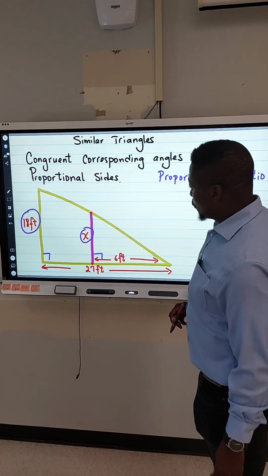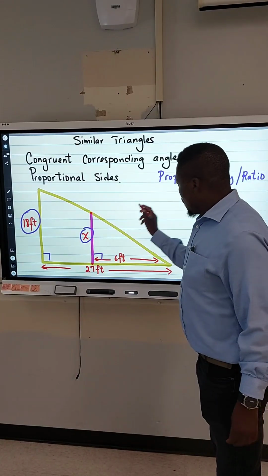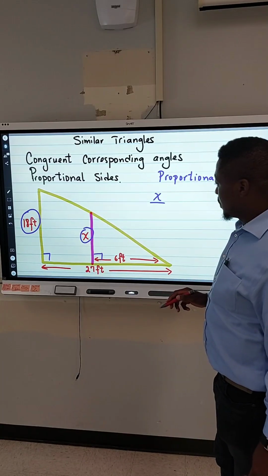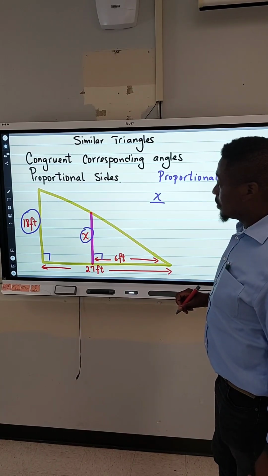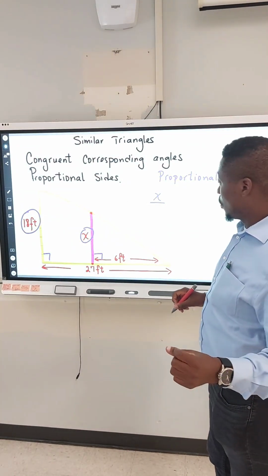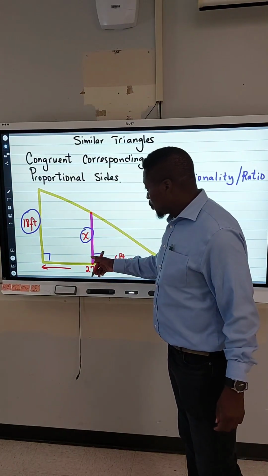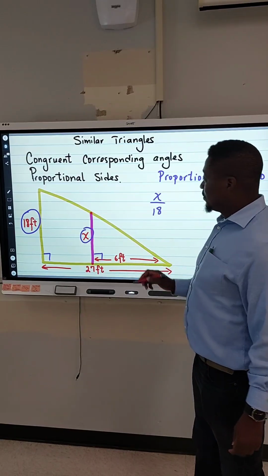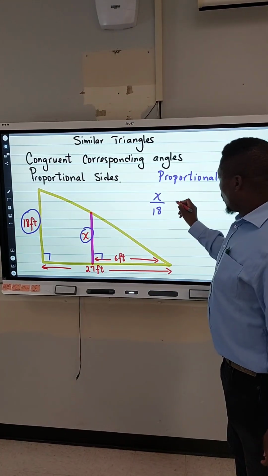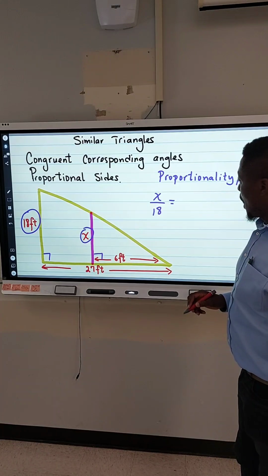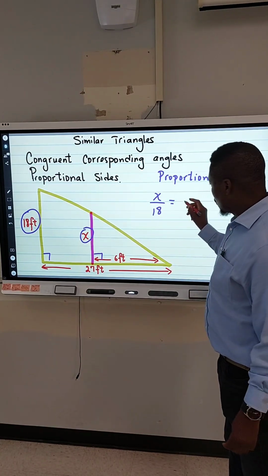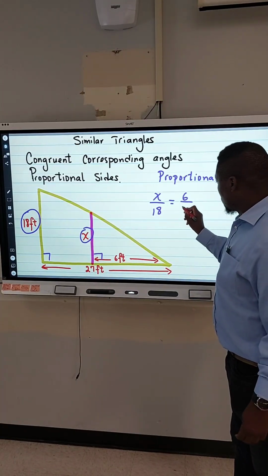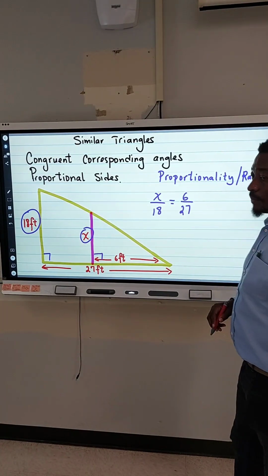The proportionality rule says that if we write a ratio for proportionality, then the ratio of the corresponding sides will be equal. That means the height x of the smaller triangle divided by the height, 18 feet, of the bigger triangle will be the same number as when you divide the base of the smaller triangle, which is 6, by the base of the larger triangle, which is 27.